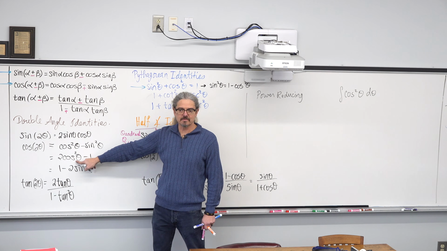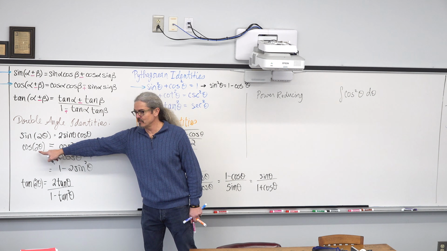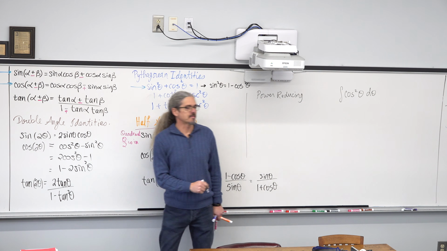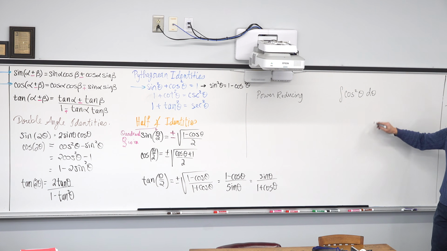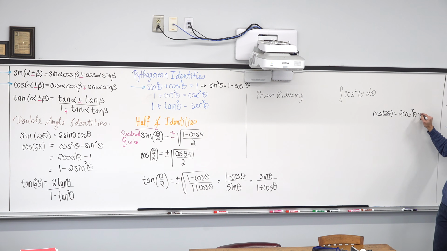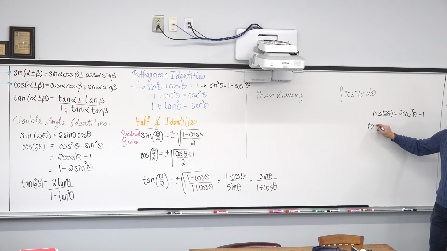The cosine squared theta is equal to, in some term, cosine of 2 theta. So if I saw this on a calculus test, I would take the cosine of 2 theta, which is equal to 2 cosine of theta squared minus 1, and write it as the cosine of 2 theta plus 1.